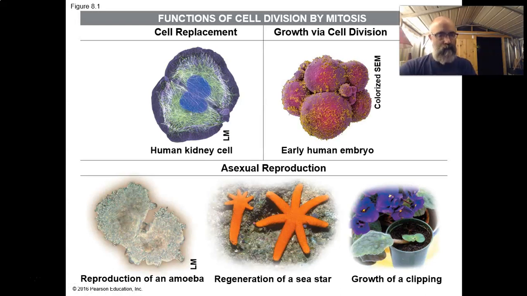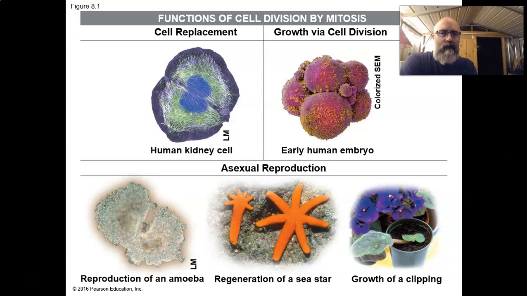I guess before we get into that, I was going to talk about cell division and why our cells need to be able to divide. Really the answer to that question can fall into two categories, either growth or repair.